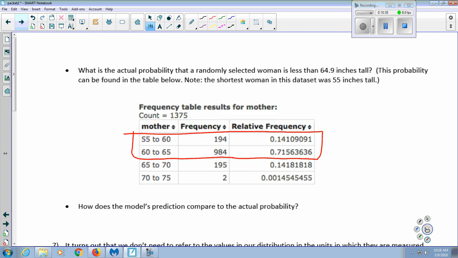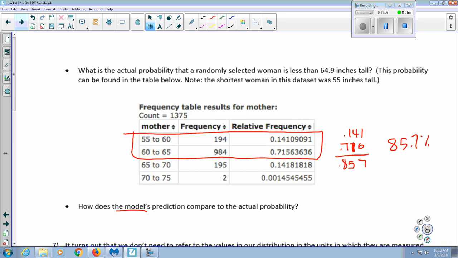And so we're talking about adding up 0.141 plus 0.176, and we get... did I write that right? Oh, yeah, that's fine. 7.1, sorry. We get about 86 or 85.7%. So that's pretty close to what we estimated.